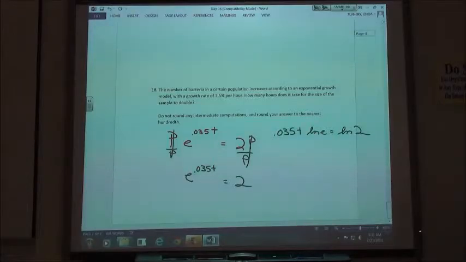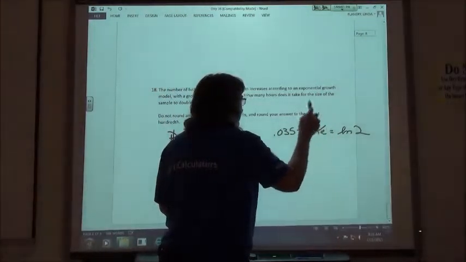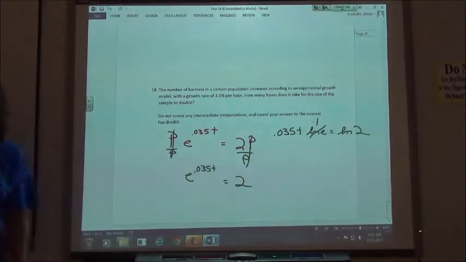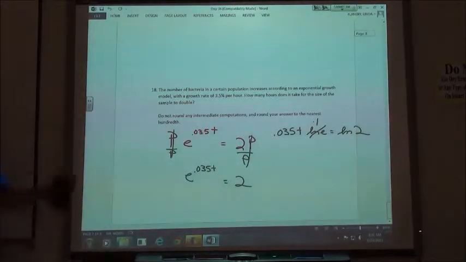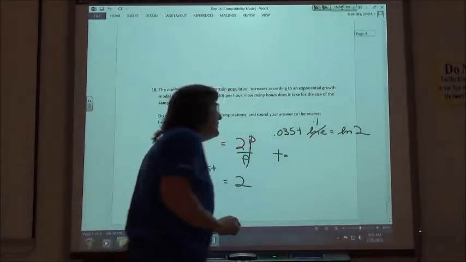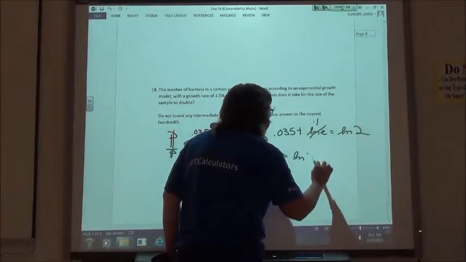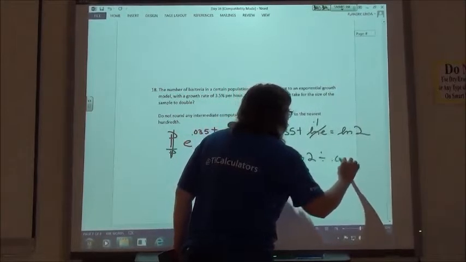We can then cancel out our natural log of e since it's equal to 1. And so to solve that for t, what are we going to do? So we're going to take the natural log of 2 divided by 0.035.